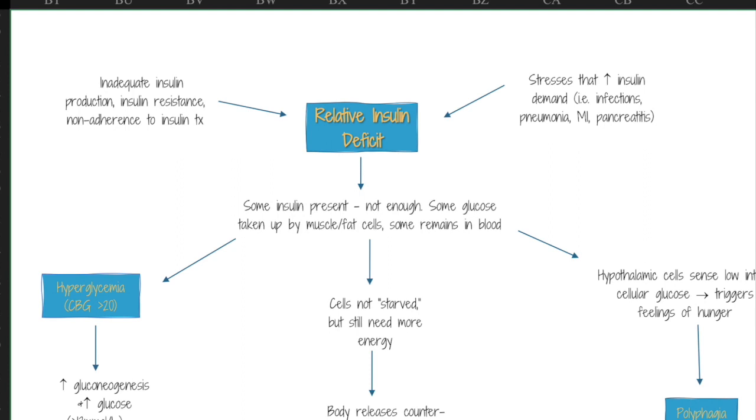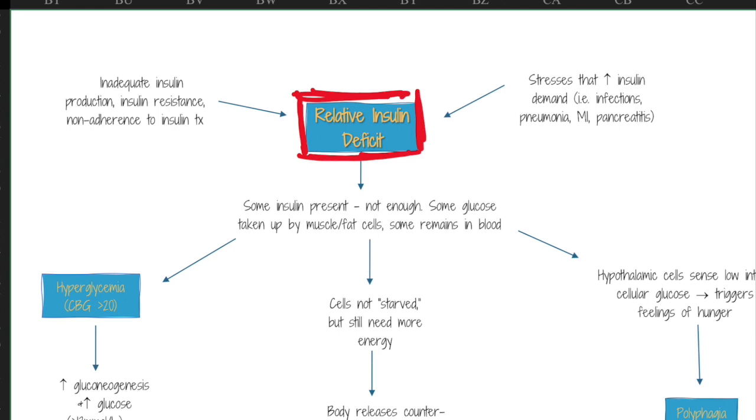The body was making very little insulin, and then something happened, whether I went for a run or I got sick, that caused the glucose in my body to rise to the point where it used up all the insulin that I can make. So diabetic ketoacidosis is absolute insulin deficiency.